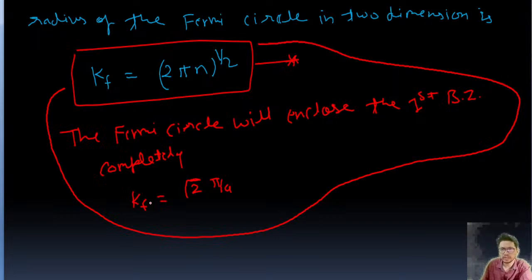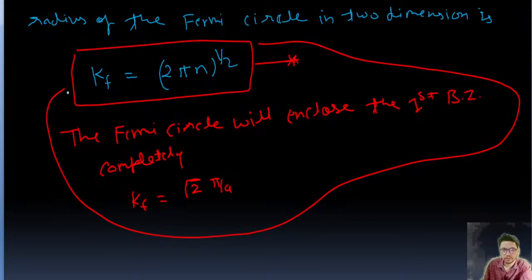Okay, so now it's easy. The kf value is this, so these two should be equal, right? So this implies 2 pi n to the power half equals root 2 pi upon a.